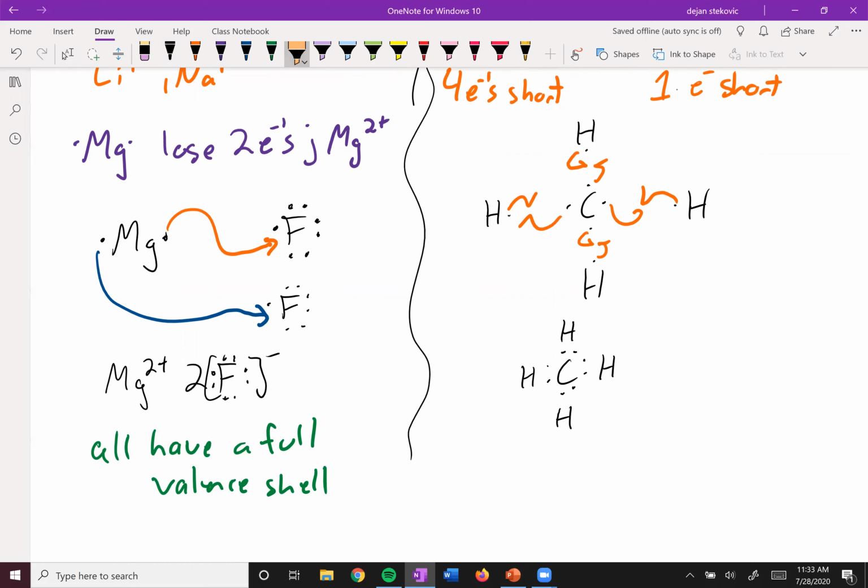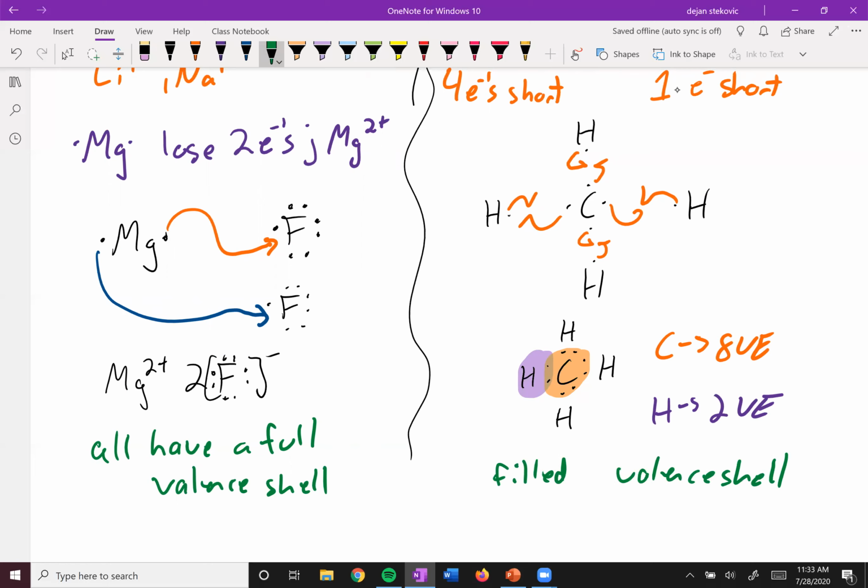If we take a look at our carbon, it's surrounded by 8 electrons, so it has 8 valence electrons. And each hydrogen is surrounded by 2 valence electrons, so they're both happy because they both have a filled valence shell.